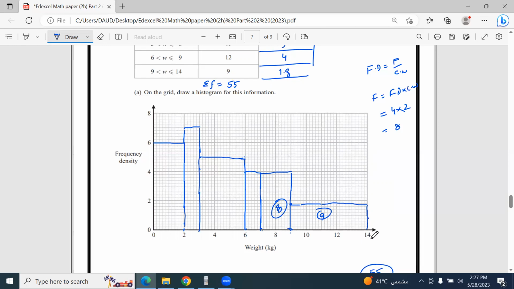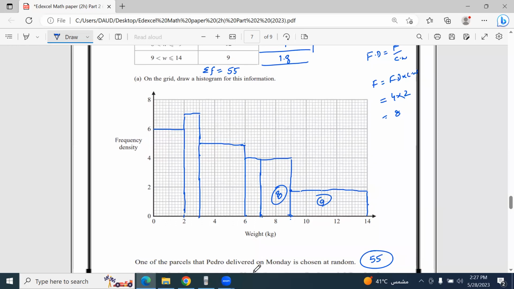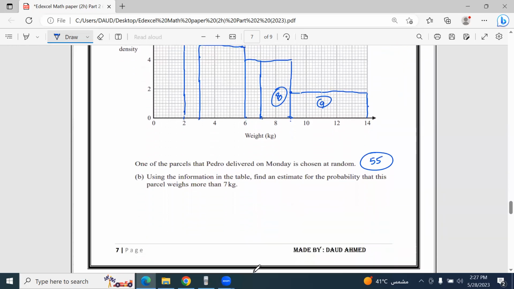So more than 7 till the end, the parcel weight more than 7 kg is equal to 8 plus 9, which is equal to 17.